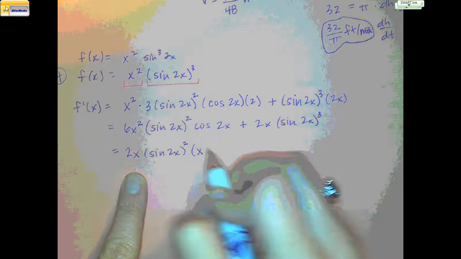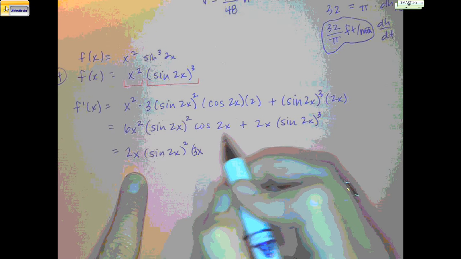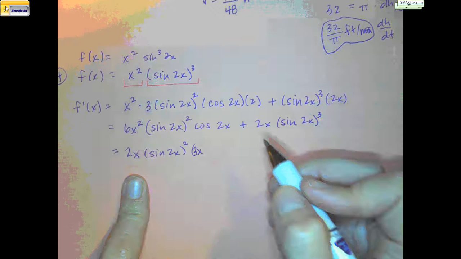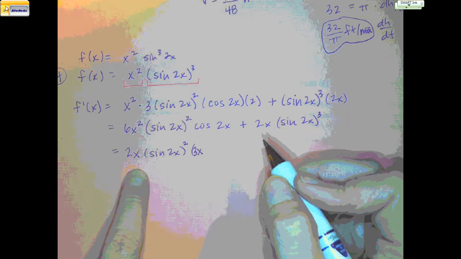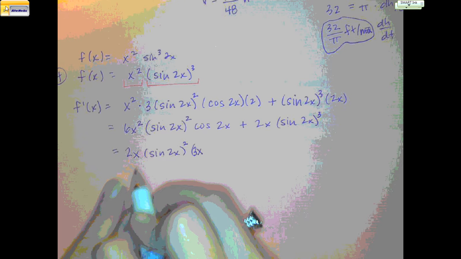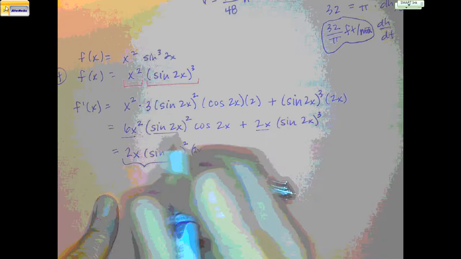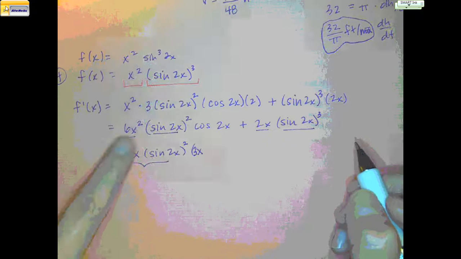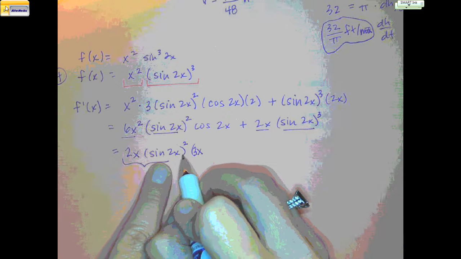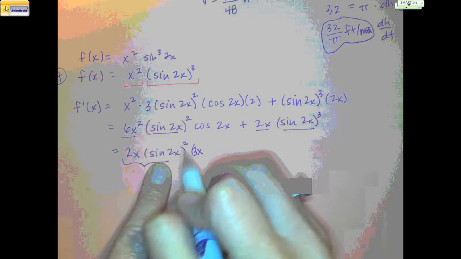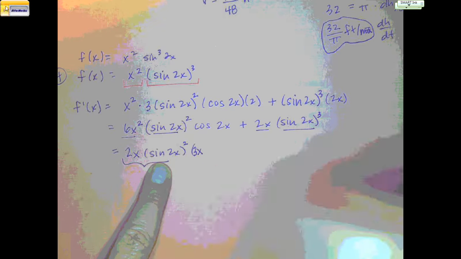No, I don't know why. How about 3x? Sorry. I was thinking ahead. I wasn't even listening to myself talk. I was like 2 steps ahead going, wait a minute. I just pulled these out of that and that. So 6x squared divided by 2x is 3x. If I take out sine of 2x, the quantity squared, out of this, that's what it is, so we're good.